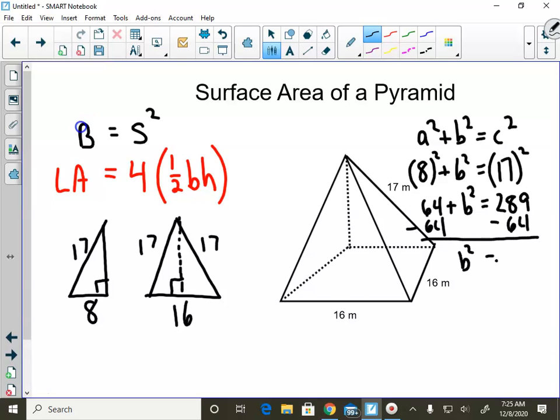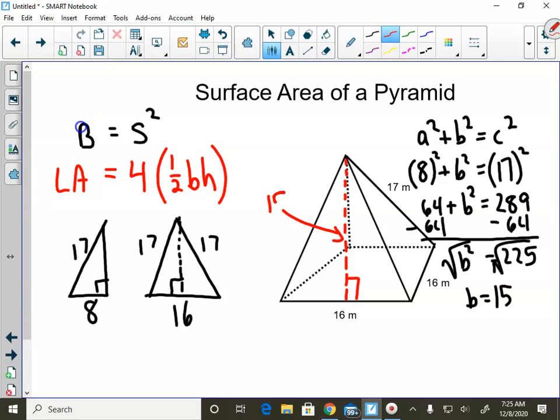So b squared is going to equal 225. And then if we take the square root of both sides, we find out that b is actually going to be 15. So that means that this height that we need to find the area of the triangle is going to be 15. Which is the same as this height here. That's also going to be a 15.